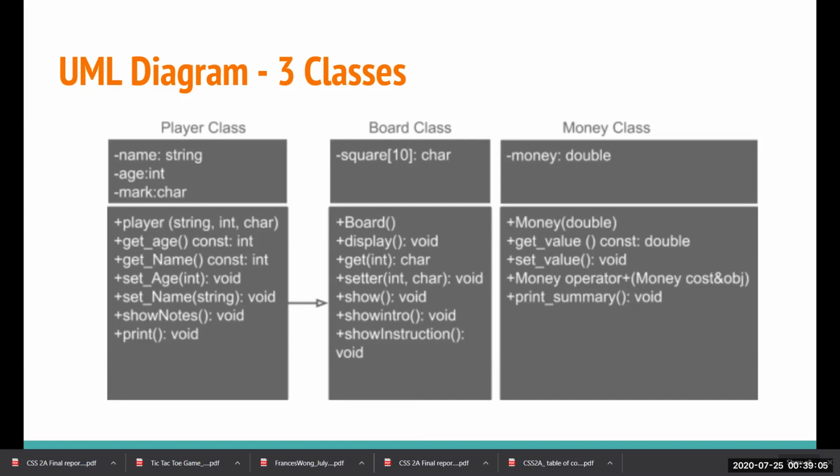Also, at the end of the game, the winner can have a profit of $100 as a reward. Because of this, I created the money class to make C++ manage the money balance of each player in their wallets before and after they play the game.